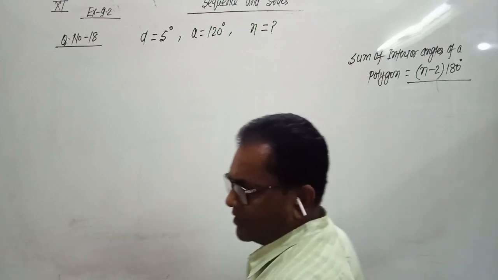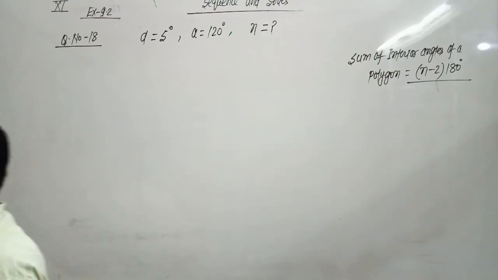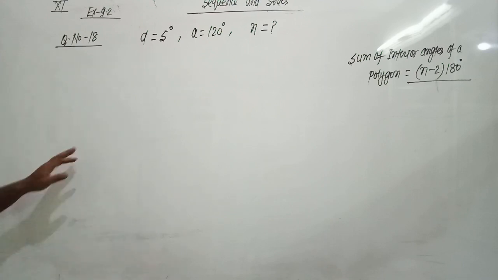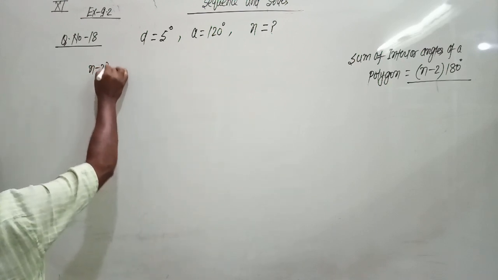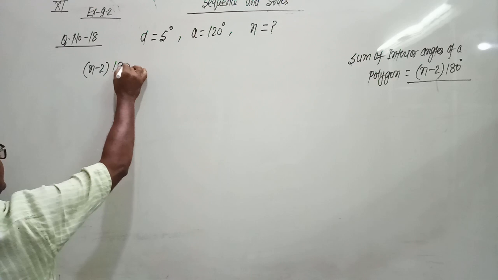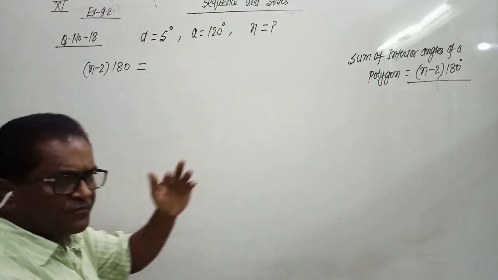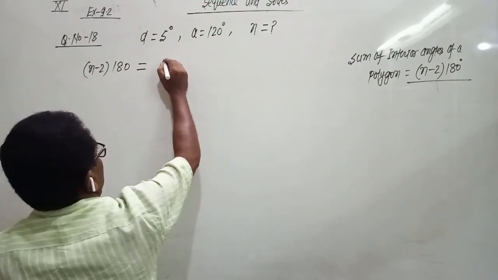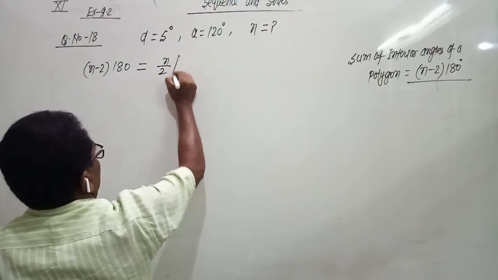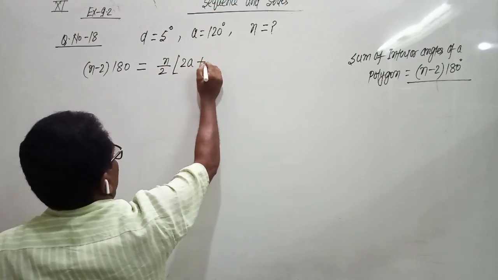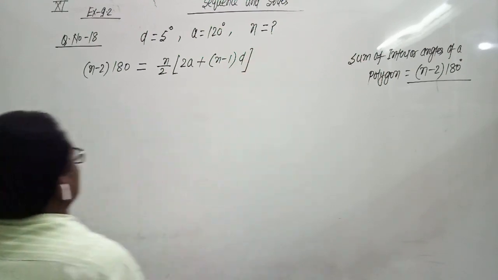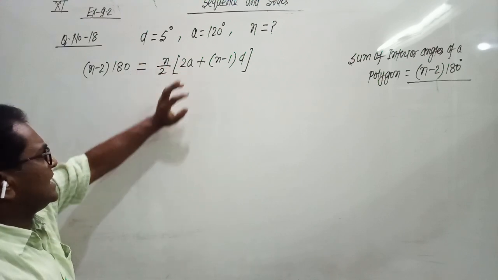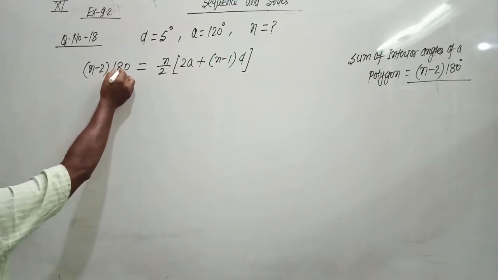This is the formula for finding the sum of interior angles of a polygon. Also, for finding the sum we know the formula n by 2 into (2a plus (n minus 1) d). So put the value of d and a and solve this.